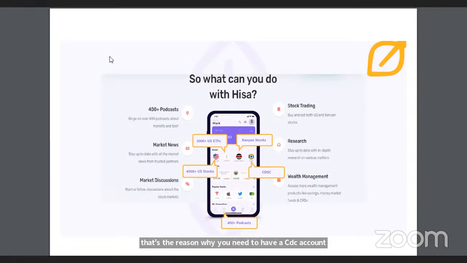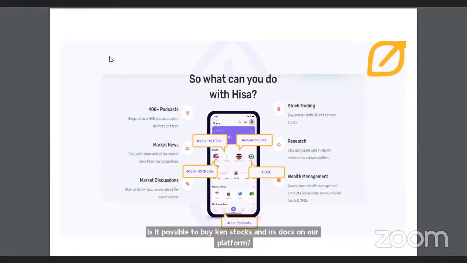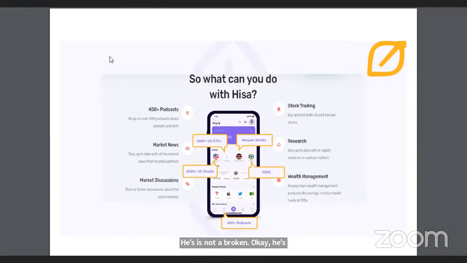And I think at this point, it's important to mention how it is possible to buy Kenyan stocks and US stocks on our platform. Hisa is not a broker. Hisa is a trading app that partnered with brokers. On the Kenyan side, we partnered with Faida, a local broker, to be able to buy Kenyan stocks.